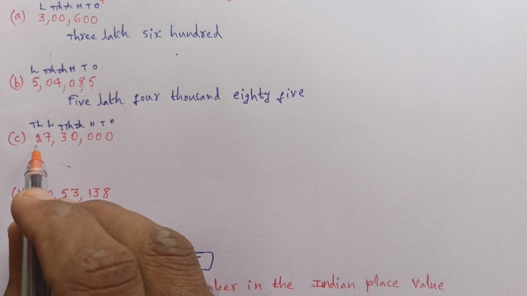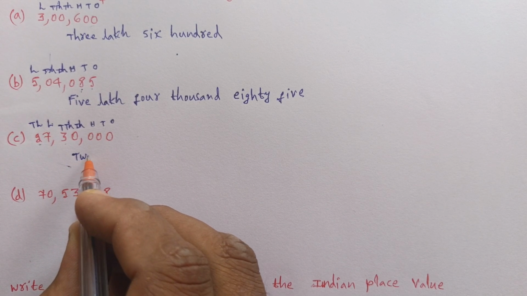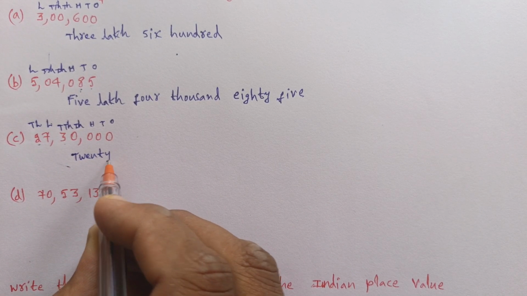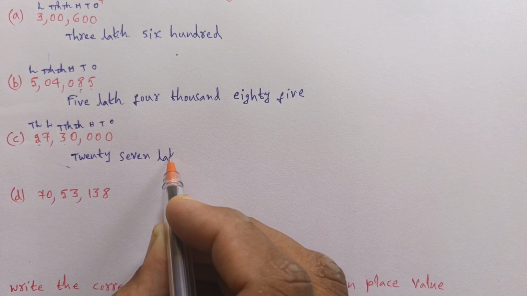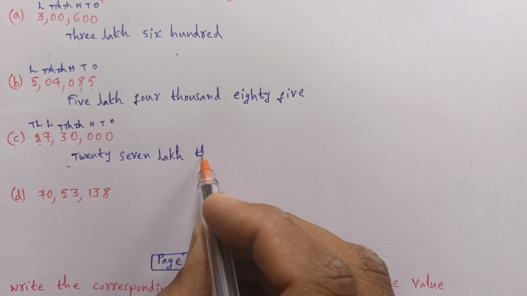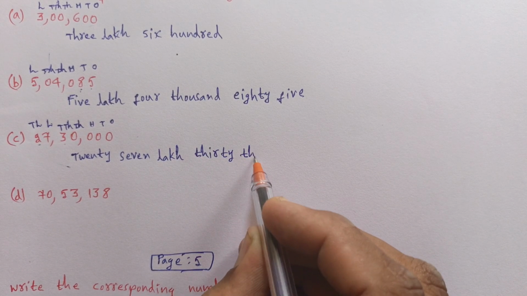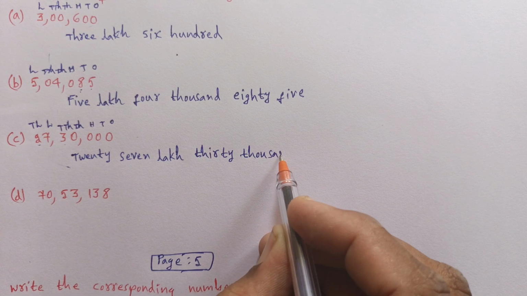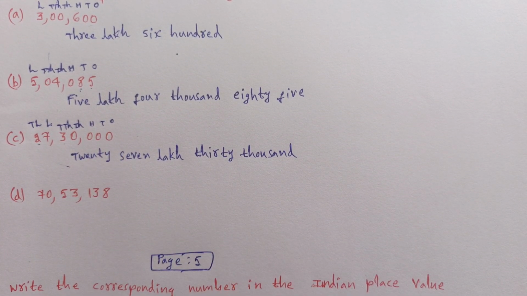So the answer here is 27 lakh and here 30,000, and all the remaining are zeros, so this is the final answer.